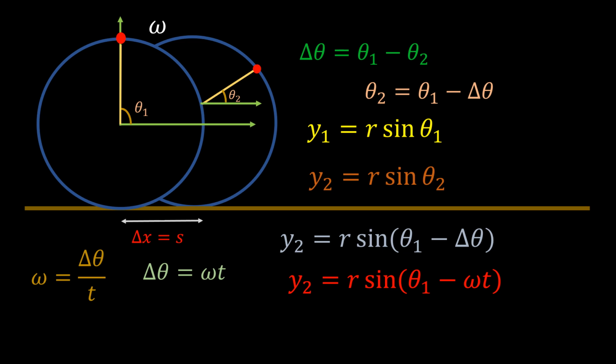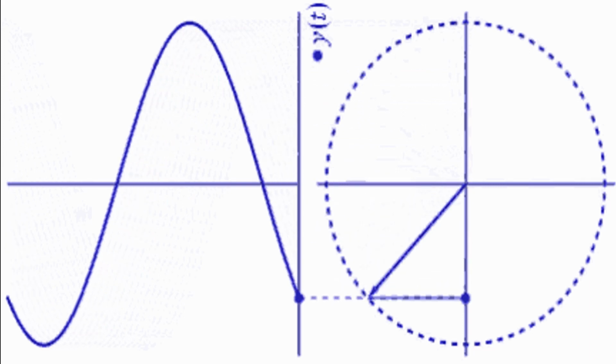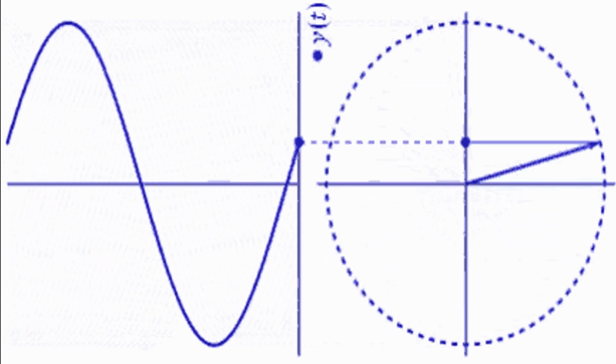The corresponding displacement equation will be y equal to r sin(theta 1 plus omega t). These are the wave equations for waves traveling to the right and to the left respectively, as clearly seen by the motion of the tire. So, the movement of the tire is apparently an example of a traveling wave and can be visualized as follows.